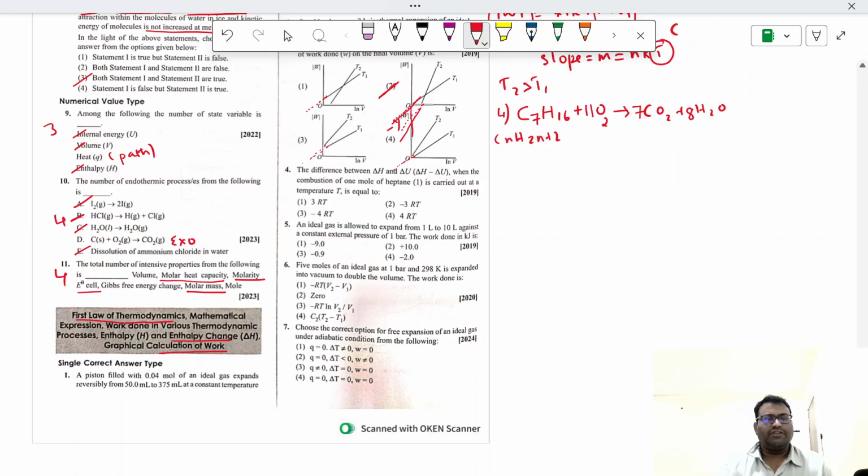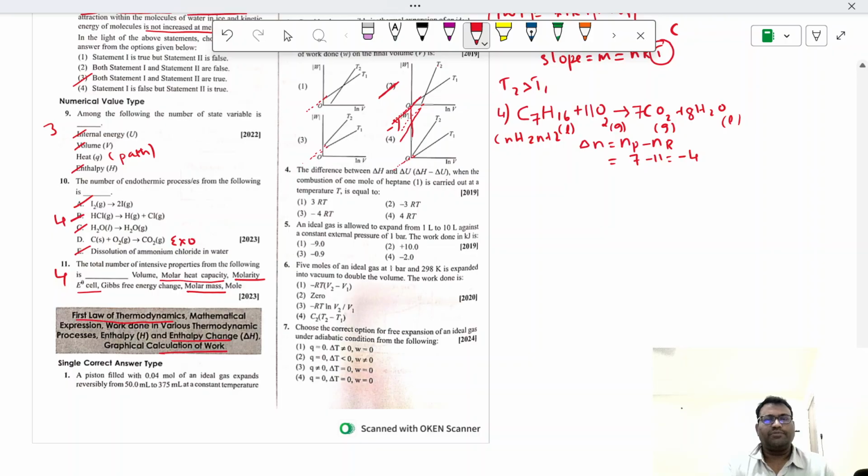It is given in the question that heptane is liquid, oxygen is gaseous, carbon dioxide is gaseous, and water is liquid. So let us calculate delta n, which is the number of moles of gaseous products minus the number of moles of gaseous reactants, equal to 7 minus 11, which is minus 4.